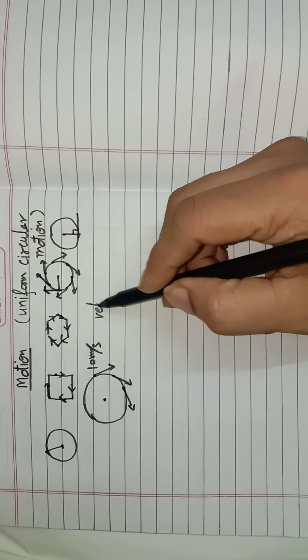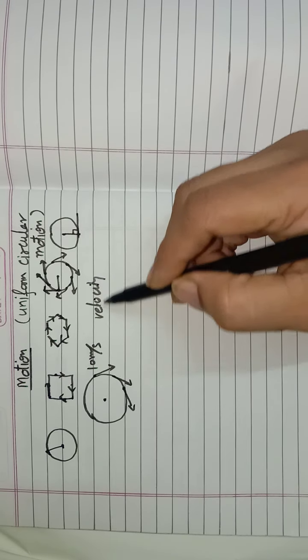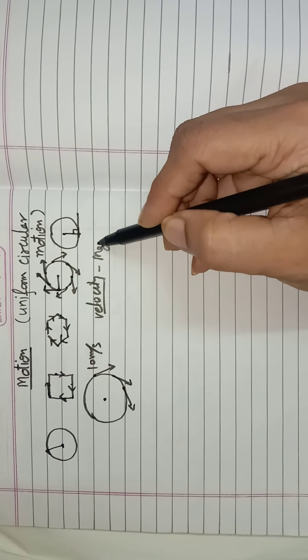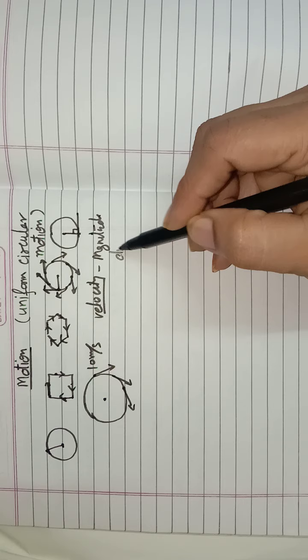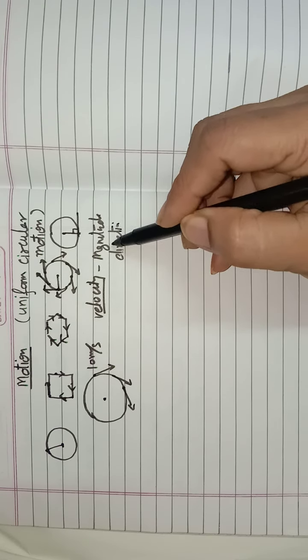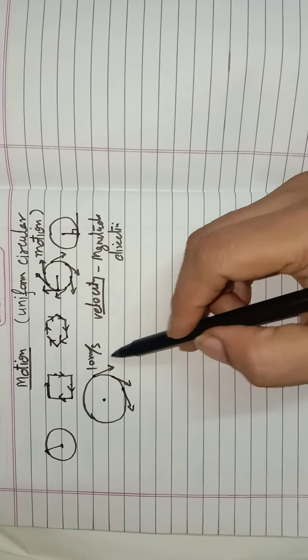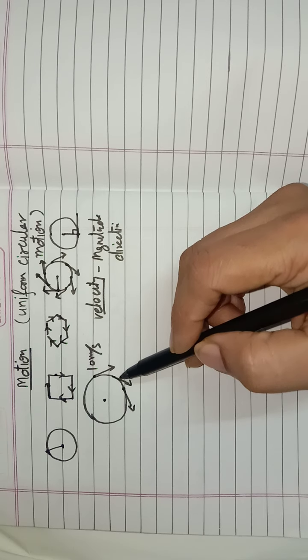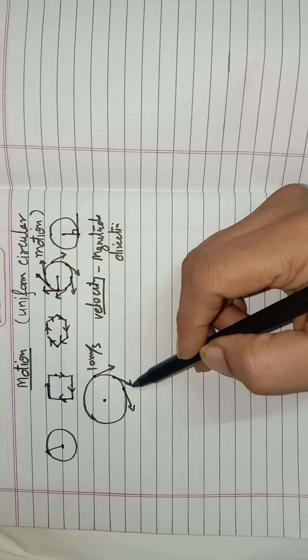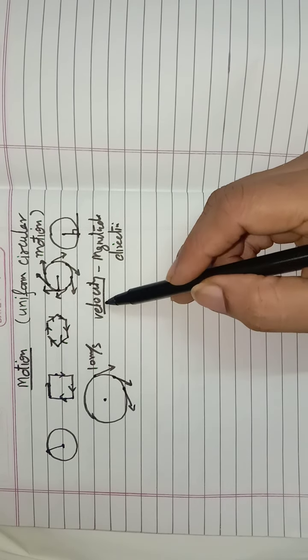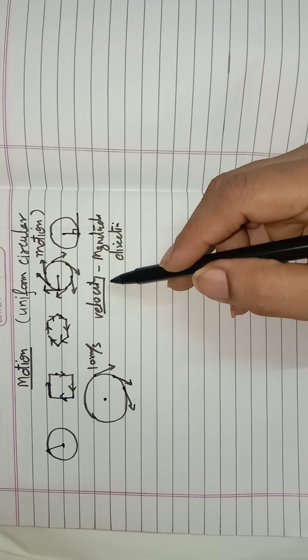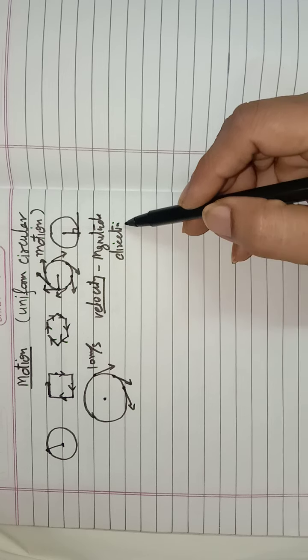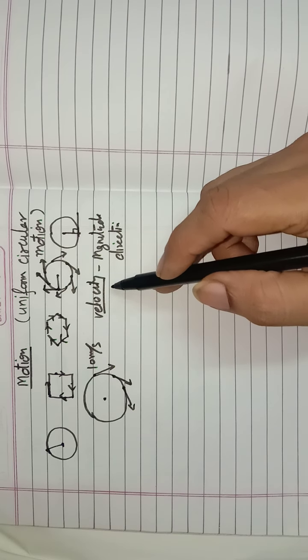We know that velocity has magnitude as well as direction. So if a body does not change its magnitude but its direction continuously changes, its velocity is not uniform. We have already learned about non-uniform velocity.